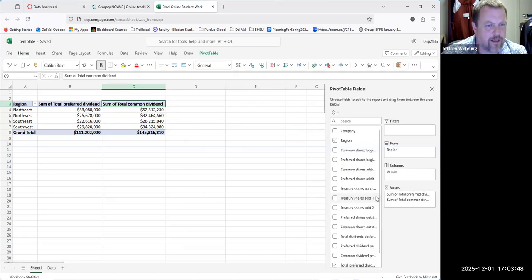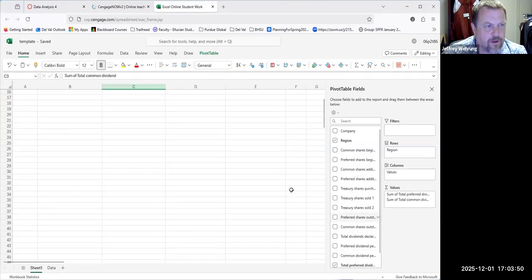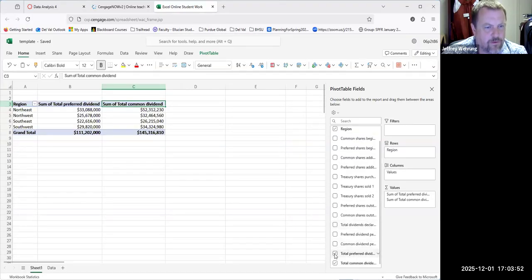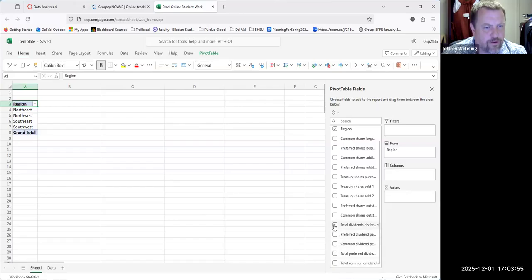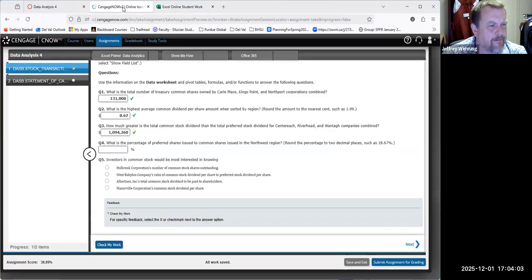So I'm actually looking at the counts of these. So preferred shares issued to common shares issued.